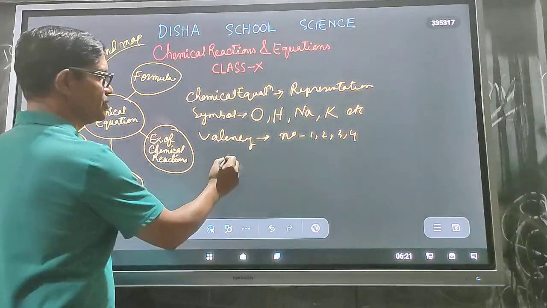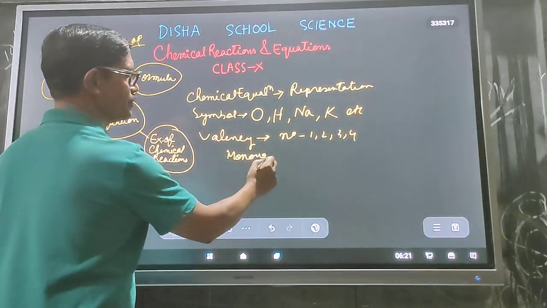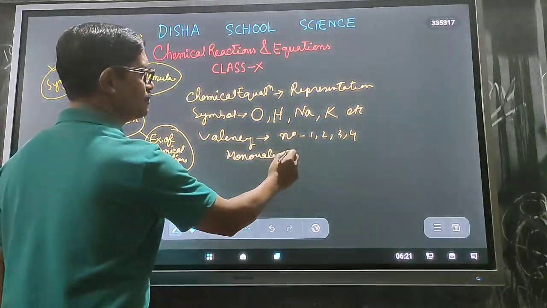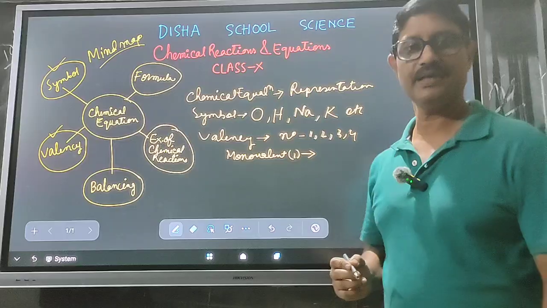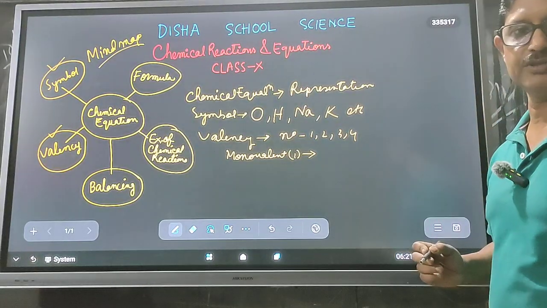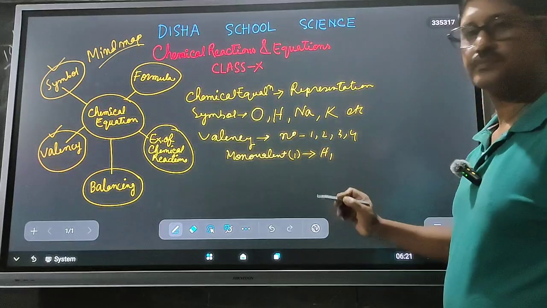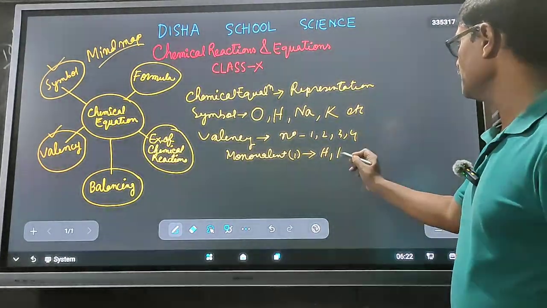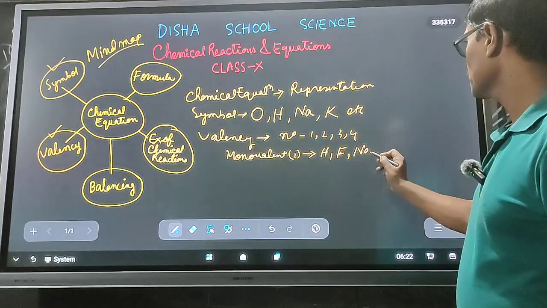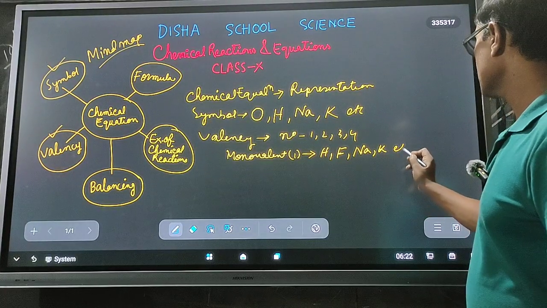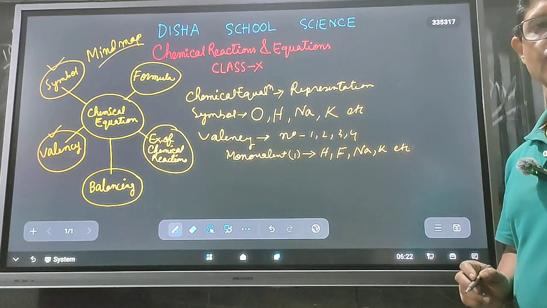So first group is monovalent, means having valency 1. So what are the elements have valency 1? Say hydrogen, then chlorine, then sodium, potassium, etc. Monovalent, having valency 1.